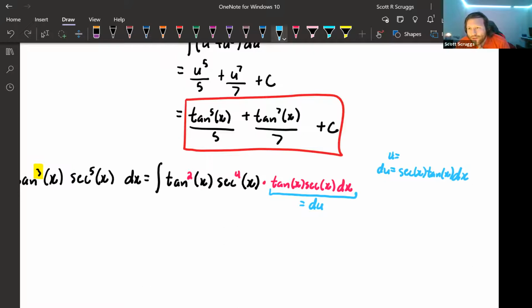So going back to Cal 1, what function do I know such that if I took its derivative, I get secant of x times tangent of x? So which trig function do we have that if I took its derivative, that would be its derivative?